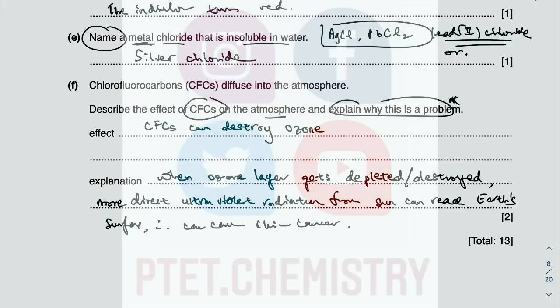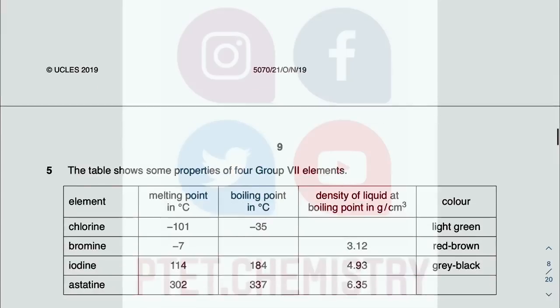It's quite a big thing in Australia, where there's quite a big hole in the ozone layer compared to the rest of the world.